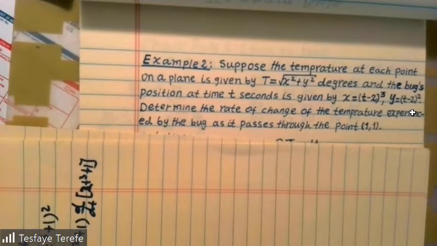Determine the rate of change of temperature experienced by the bug as it passes through the point (1, 1). Go ahead.